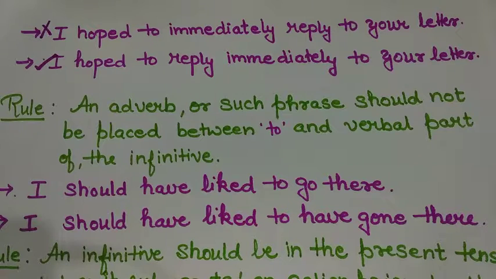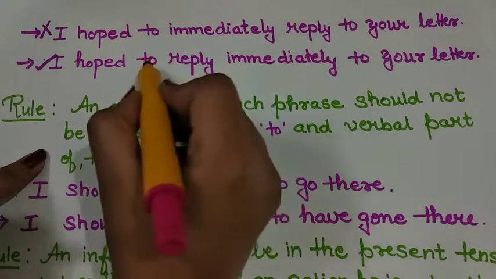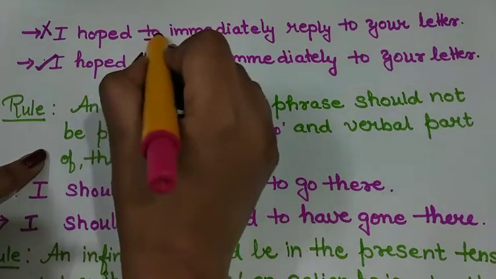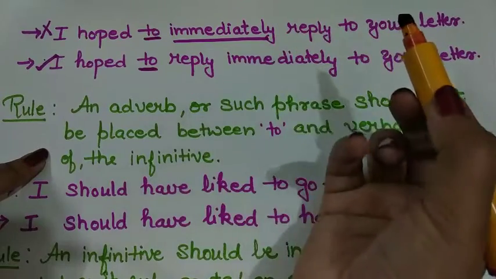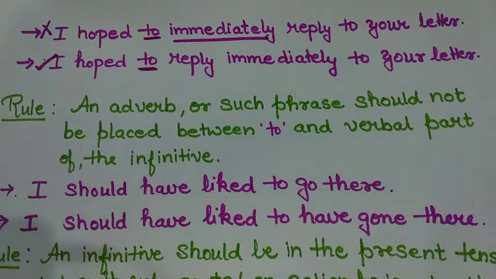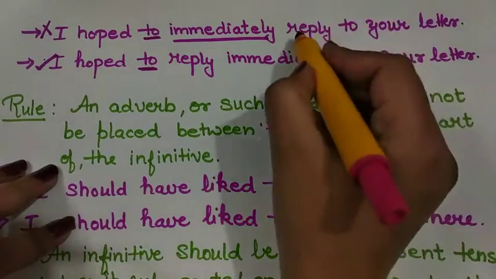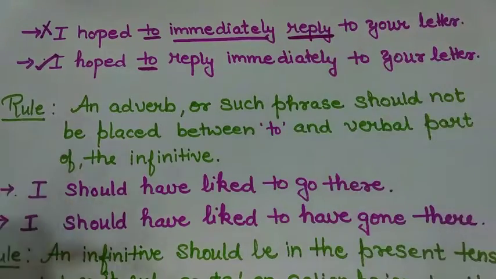Why so? The rule says an adverb or such phrase should not be placed between to and the verbal part of the infinitive. Here I have used to, and immediately is an adverb, and reply is the verbal part, meaning some verb.